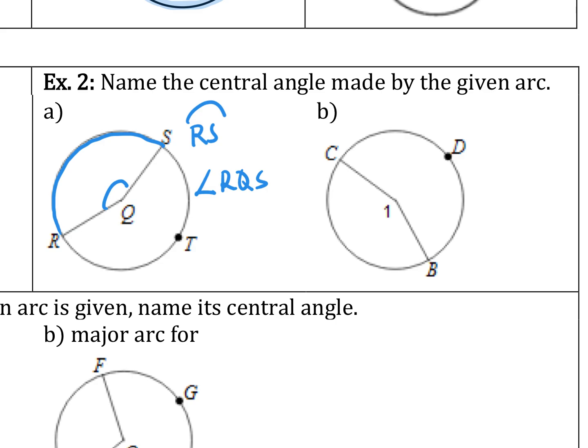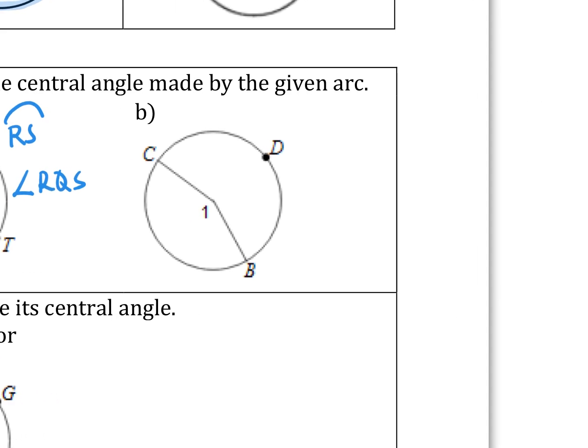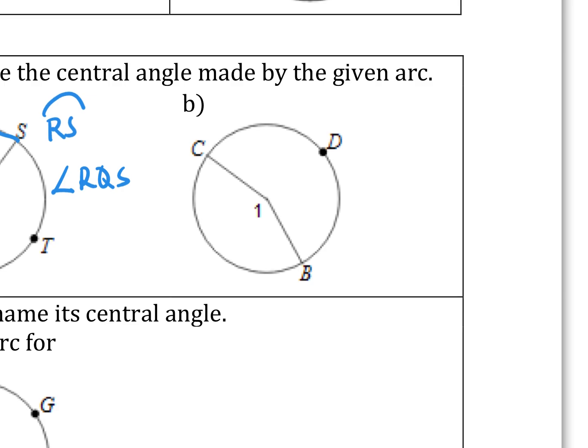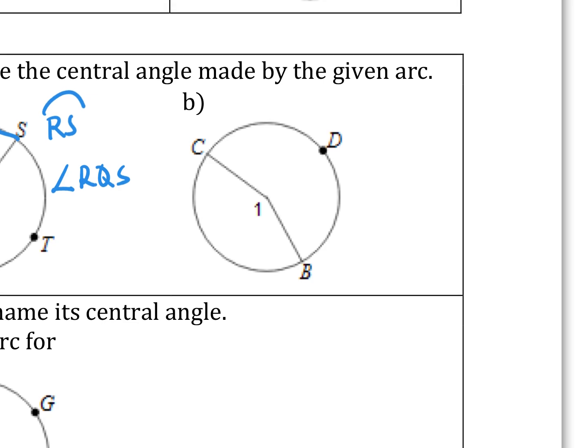In letter B, we have angle 1 only. It's created by this arc, which is CB. The arc CB created angle 1.